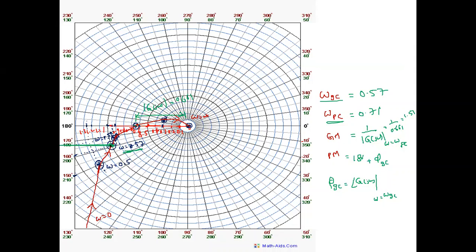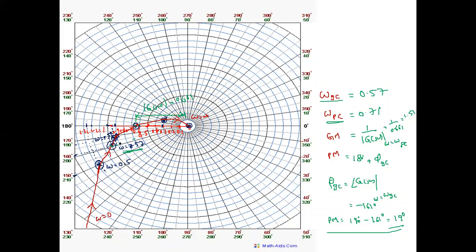At this point, the phase angle is minus 161 degrees. Therefore, phase margin is 180 degrees minus 161, which is 19 degrees. That's it.